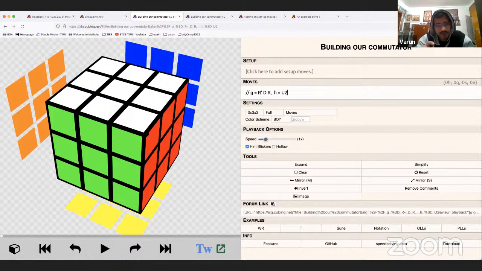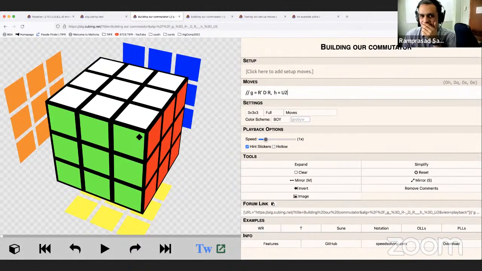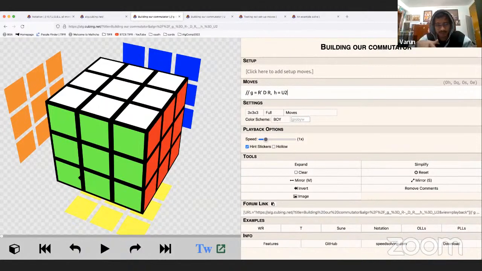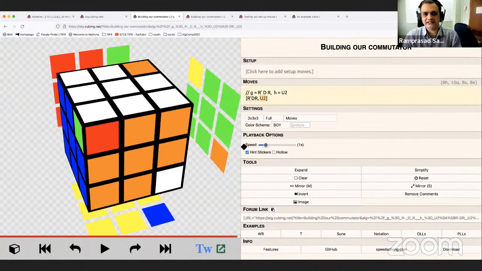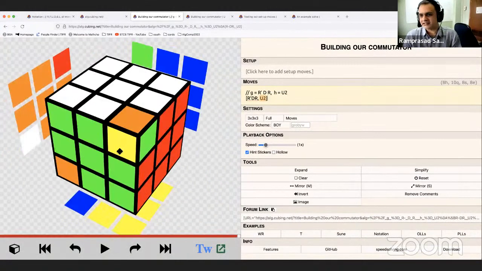I mean this corner piece, this corner piece, the diagonally opposite piece on the top, that piece and this piece. Right. So if I now do R prime D R with U2, what you end up getting, as expected, is that other corner and these three things.